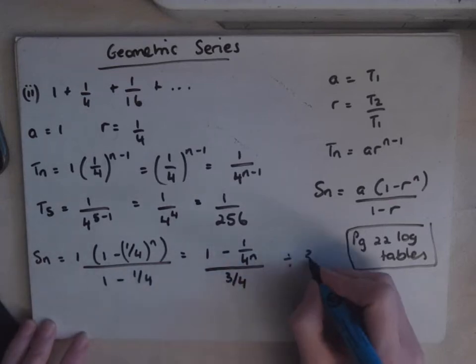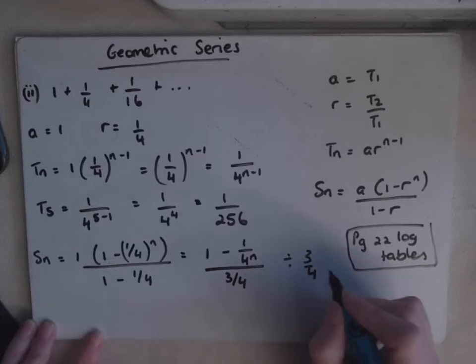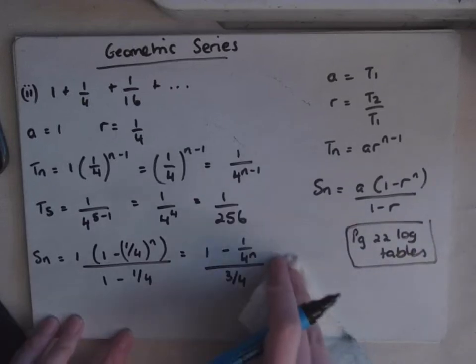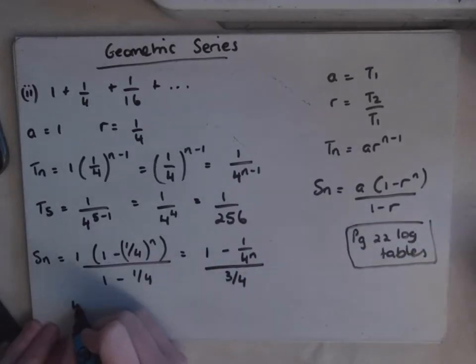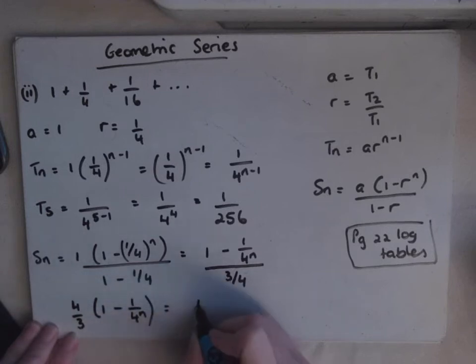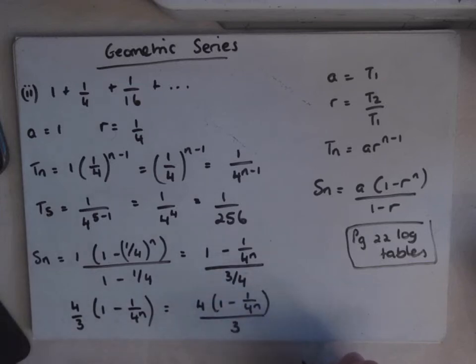Now I have this and I'm dividing by 3/4, and we know that's the same as turn it upside down and multiply by 4/3. So 4/3 by 1 minus 1/4 to the power of n. Or the 4 on top and the 3 on the bottom, totally up to you how you want to do that.